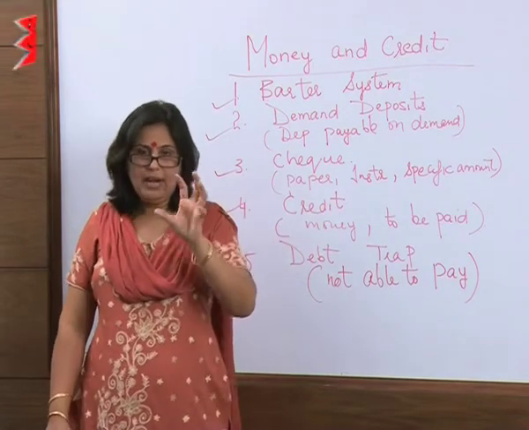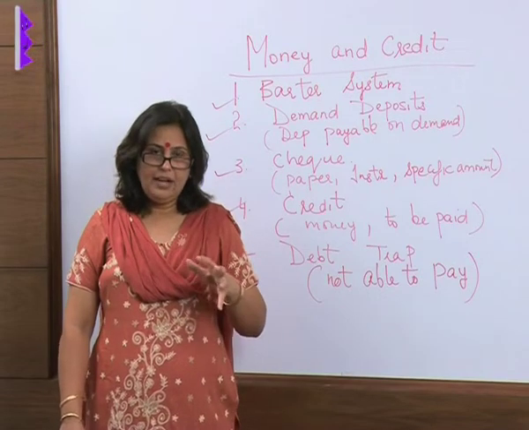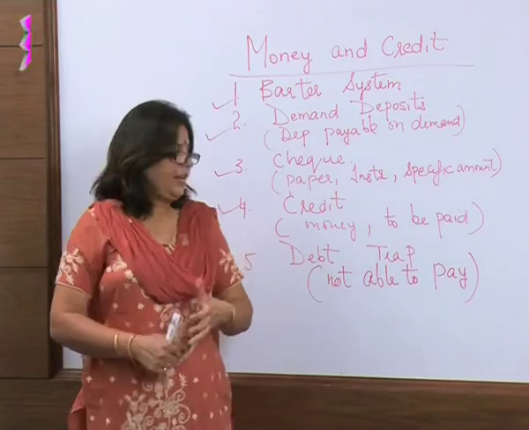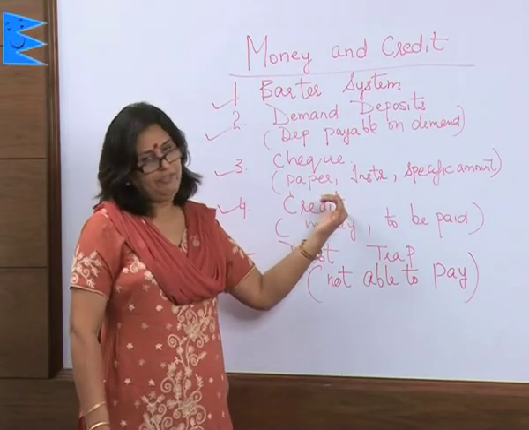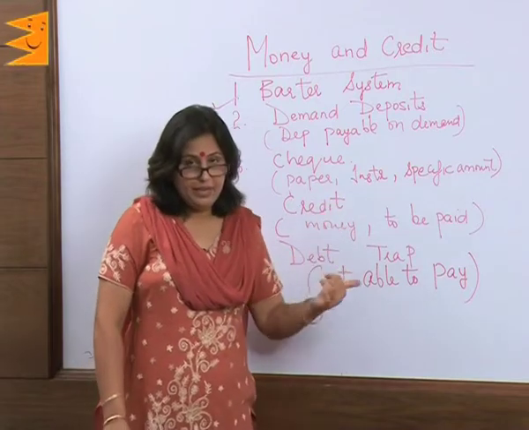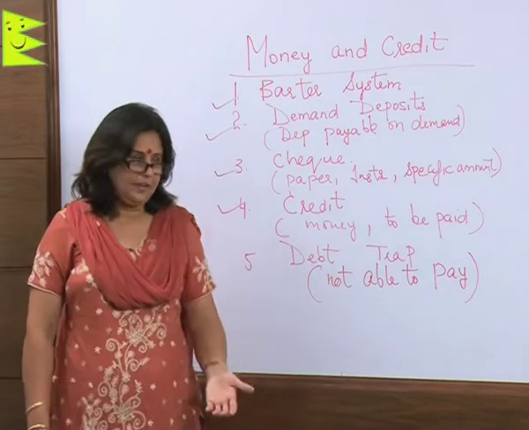There is a collateral which is kept in mind. There are certain other conditions which have to be met in order to get credit from the bank. But credit actually is given so that the economy keeps running.